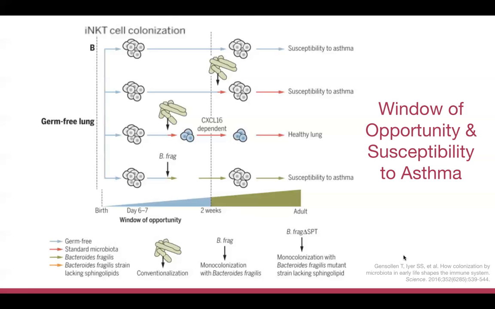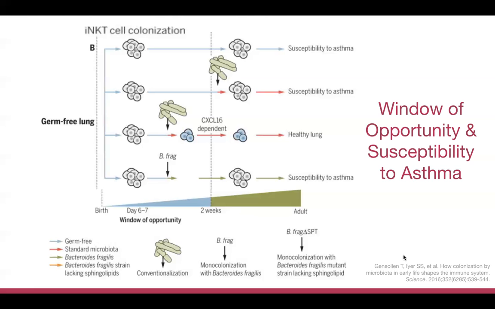Conventionalization is essentially colonization of germ-free mice with the total fecal microbial community of their siblings who were born and raised conventionally. So in this slide on line 2, these germ-free mice were exposed to conventionalization outside of the window of opportunity. And these animals actually went on to develop susceptibility to asthma.